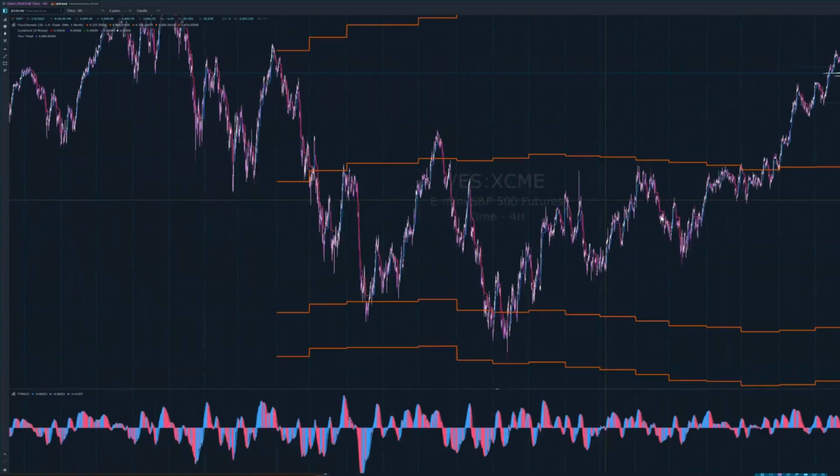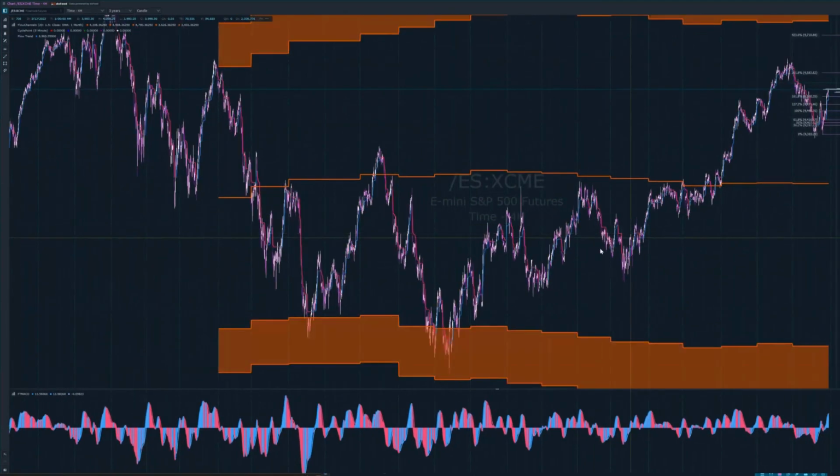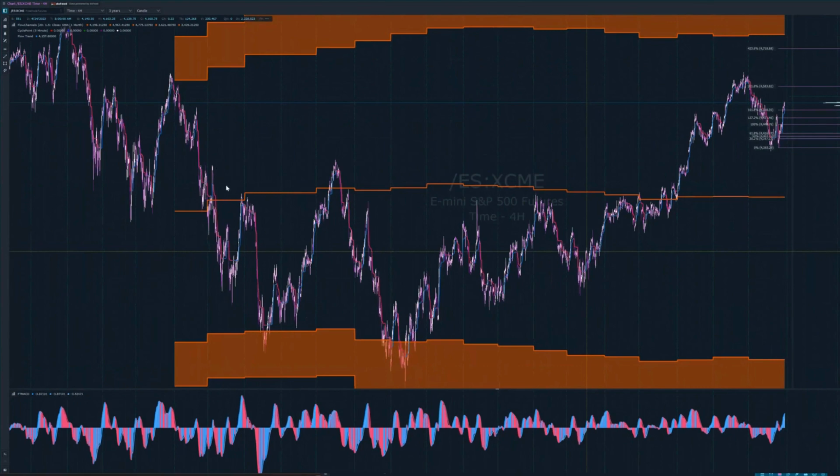Okay, so we look at our monthly Keltners, and it takes a long time to go through these cycles. Going from monthly top to monthly bottom and back up to monthly top sometimes takes a year. We can see in here there are a couple of weekly cycles built in.